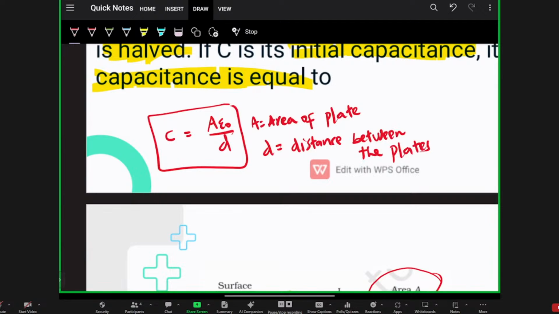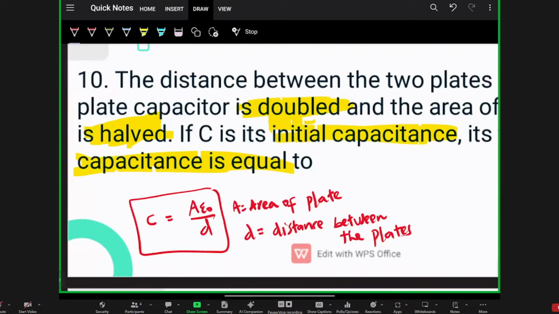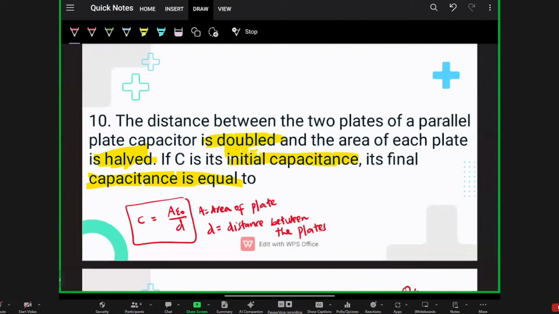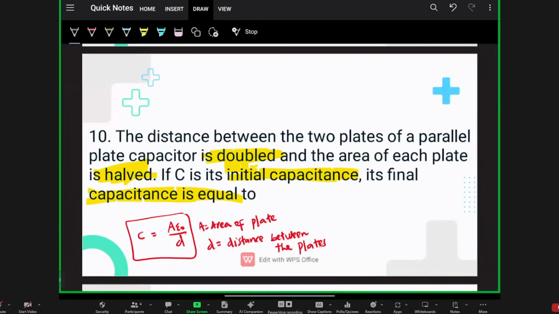Okay. So the question is saying the distance between the two plates of a parallel plate capacitor is doubled. Let me take the initial capacitance C, which is equal to A epsilon naught divided by D.